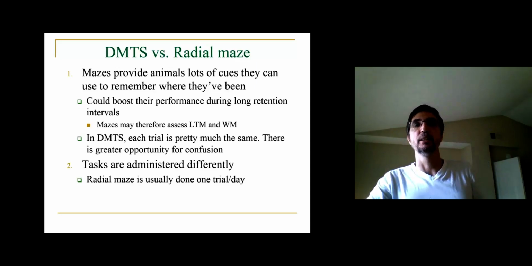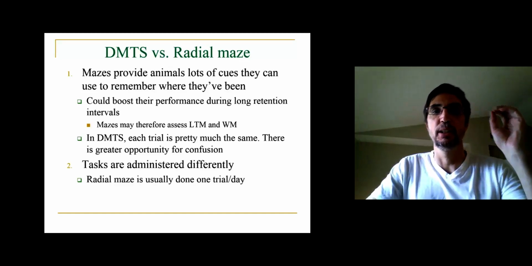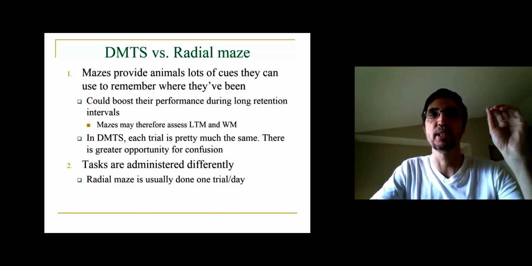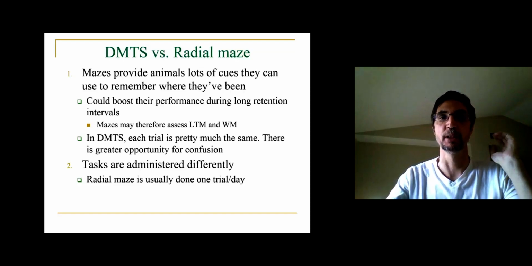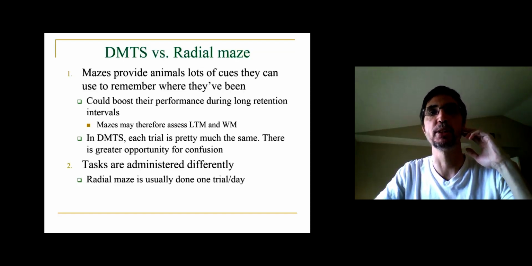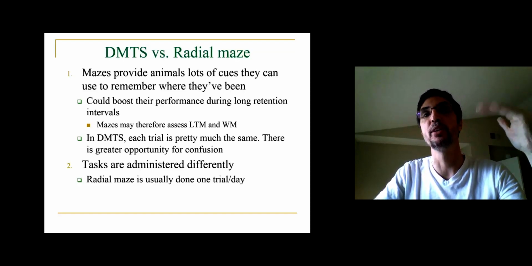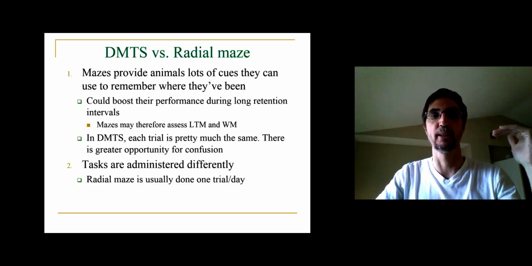In contrast, in delayed match-to-sample tasks, each trial is pretty much the same. It's a very impoverished environment, so there are many more opportunities for confusion. It's much easier to get confused about this trial compared to the last trial.